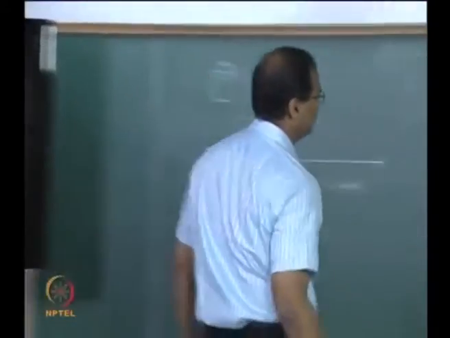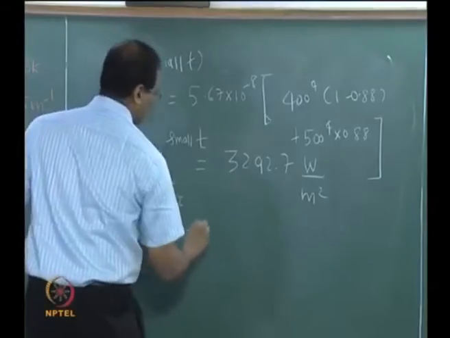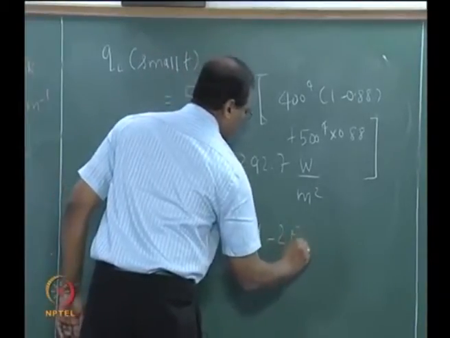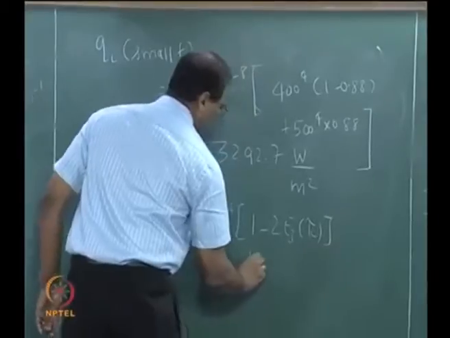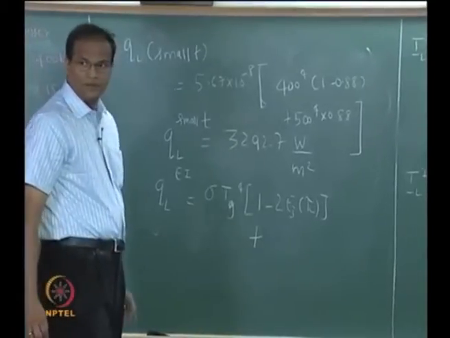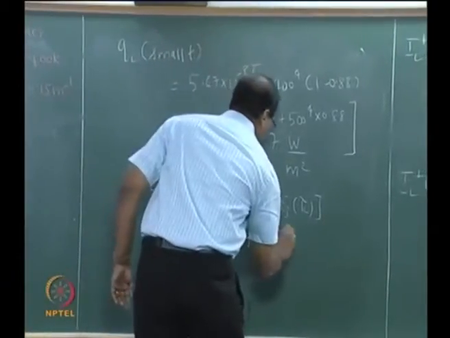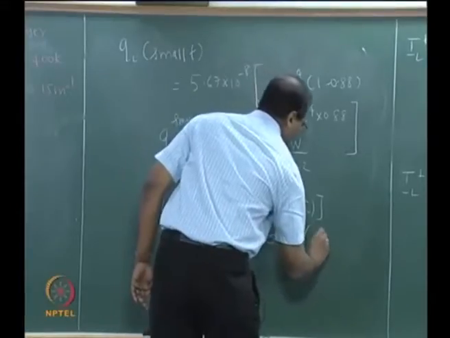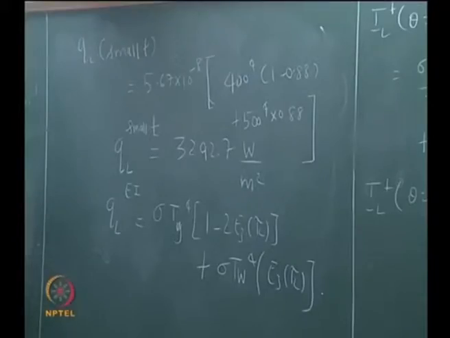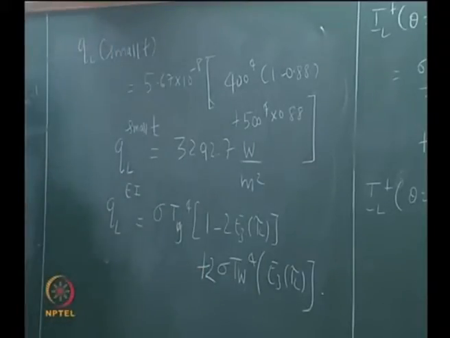Now QL with E3. This is okay? Plus, into this, is it correct? The 2 bothers us throughout. 2 sigma TW E3.